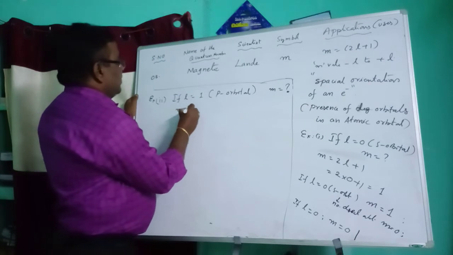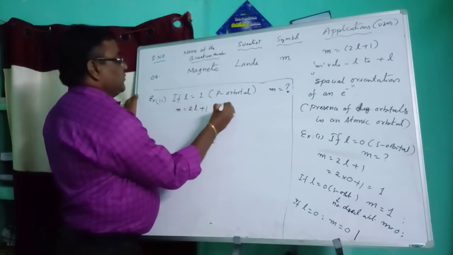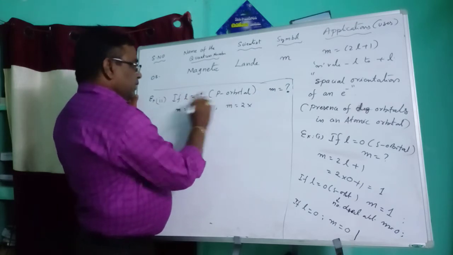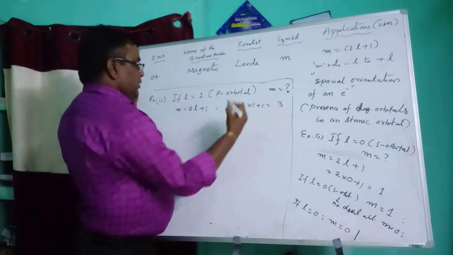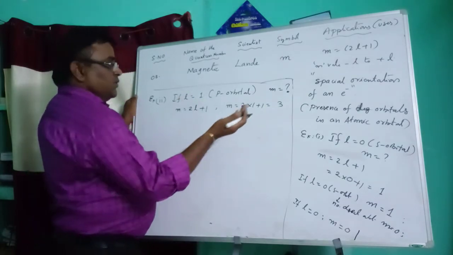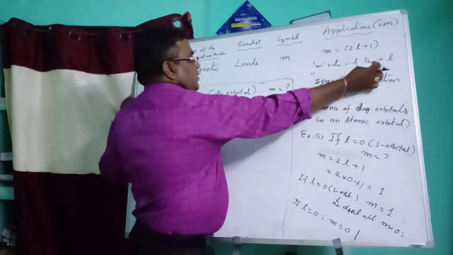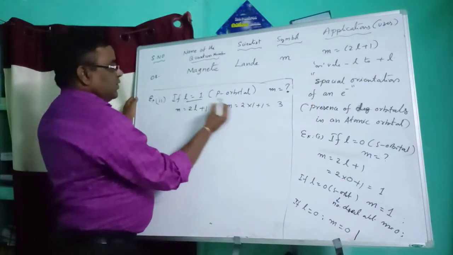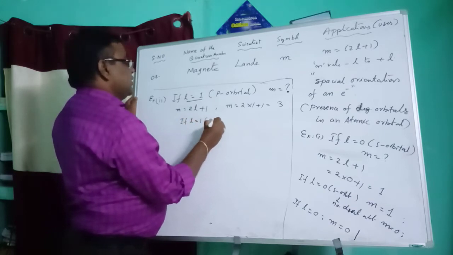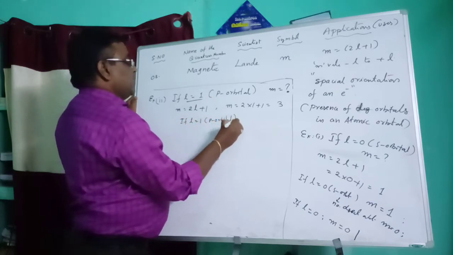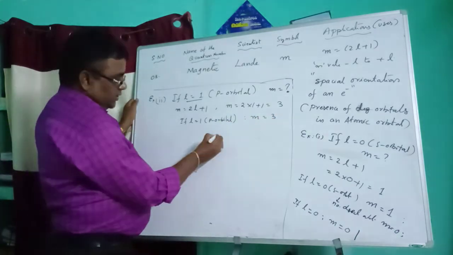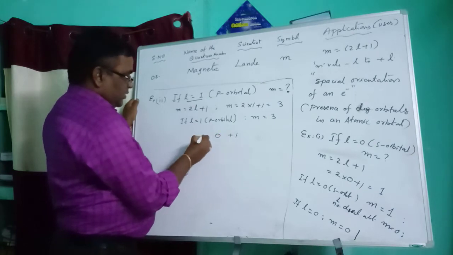We know that M is equal to 2L plus 1, which for L equal to 1 is 3. So for p orbital M is equal to 3. We write the M values from minus L to plus L: 0, plus 1, minus 1.